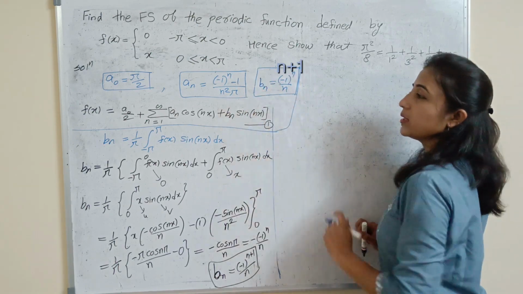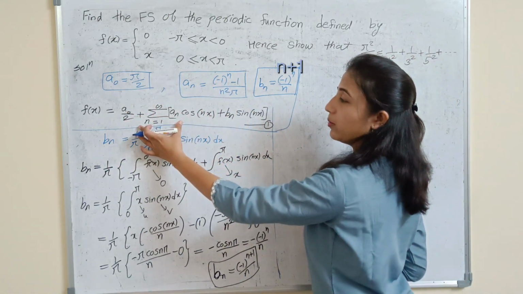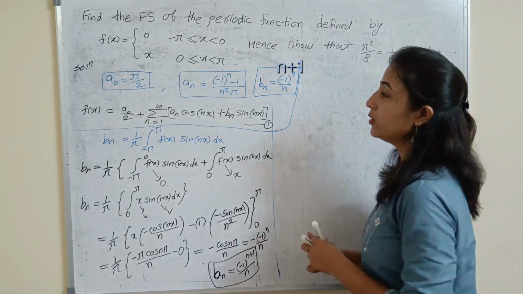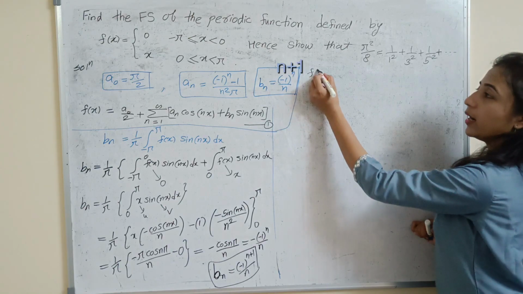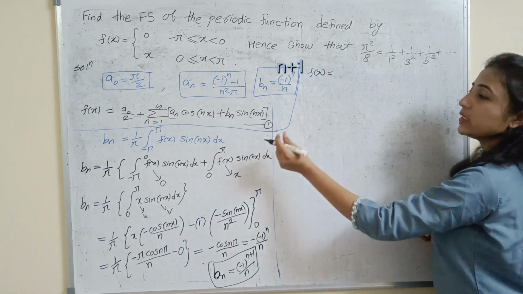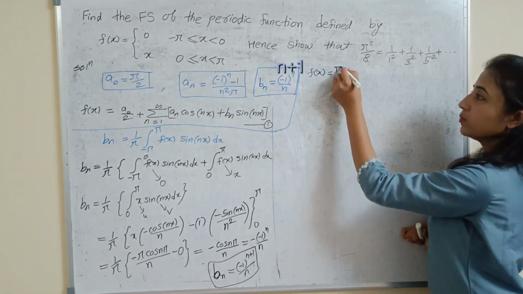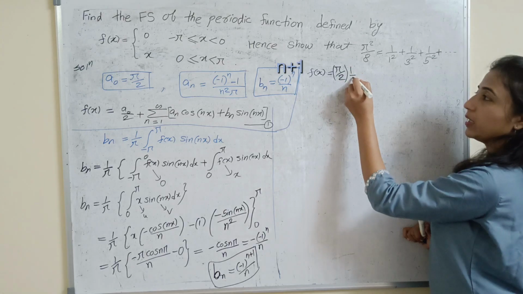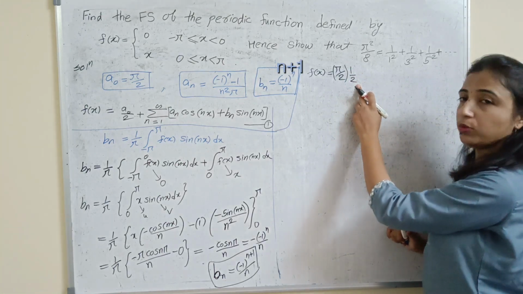So all three constants are known. Put these three constants a0, an and bn in the formula of the Fourier series. That is our question, find the Fourier series. So put these values in equation 1. Therefore f of x is a0 by 2, and a0 is pi by 2, so by 2 means it is in multiplication. Either you can write directly pi by 4 or put the value.